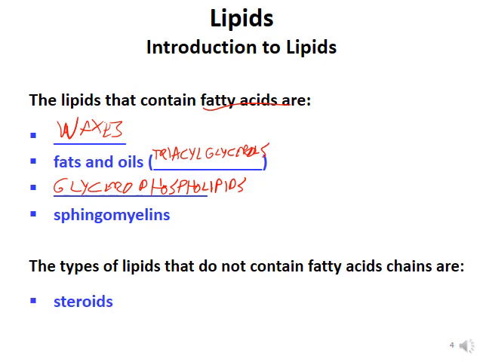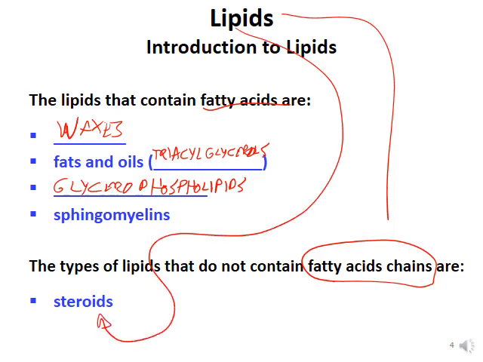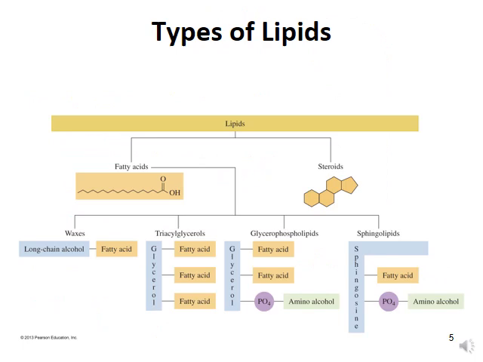Now, the type of lipids that don't contain fatty acid chains: if it's a fatty acid chain, it's a lipid, but if it doesn't, and it's still a lipid, then it's a steroid with those fused rings. Okay, there are the two types of lipids, fatty acids and steroids.